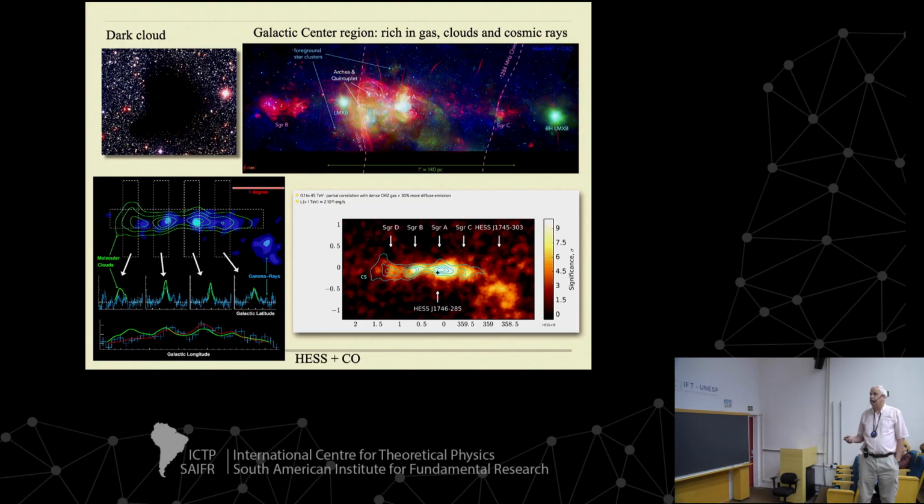So what we are seeing is a number of clouds, huge concentrations of matter that are passive targets for cosmic rays that are accelerated somewhere, somehow in the galactic center region, by the galactic center black hole, or by nearby microquasars, or by nearby supernova remnants, we do not know. It's a very complex region, so it's very difficult to disentangle the different contributions.